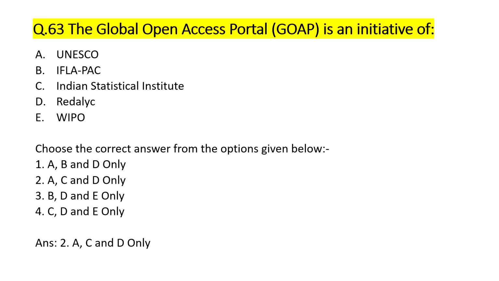Next question is Global Open Access Portal is an initiative of. The options are UNESCO, IFLA-PAC, Indian Statistical Institute, REALIC, and WIPO. The correct options are UNESCO, Indian Statistical Institute, and REALIC.